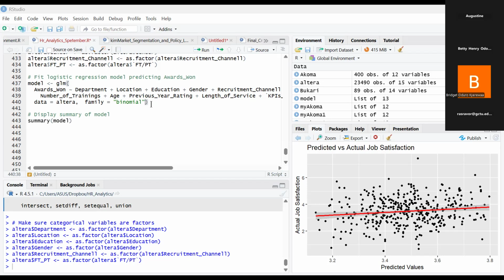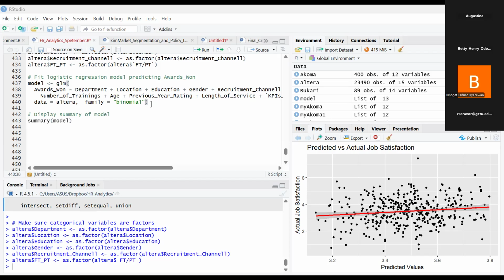Please, is it possible that because we are starting afresh, we are not continuing from what we have, that could be a reason why it's not running? No, the Altera data, we've used it several times. Betty, I have seen your issue because you sent a screenshot.